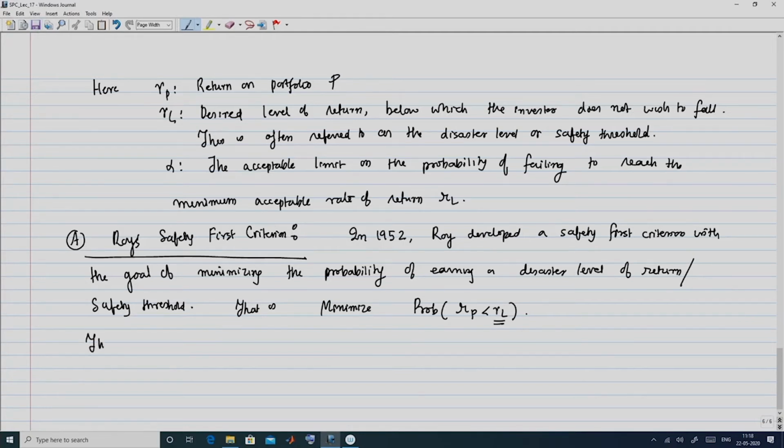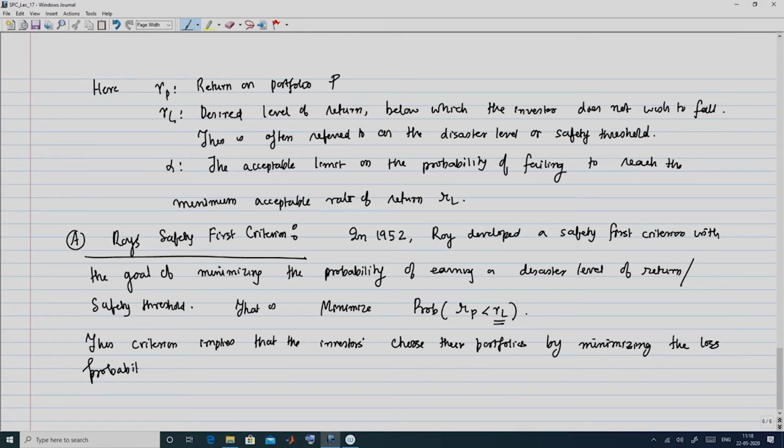Okay, now what does this criteria imply? This criteria implies that the investors choose their portfolio by minimizing the loss probability for a fixed safety threshold called the floor return.